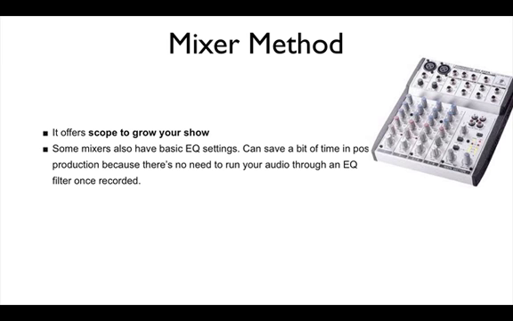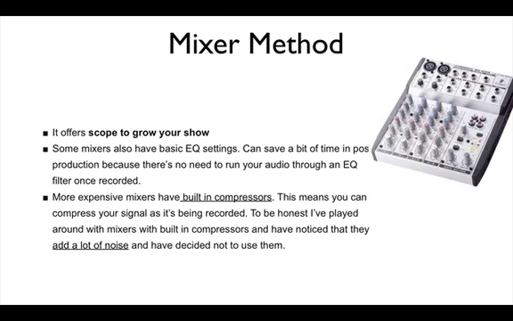And what a lot of podcasters like to do after they've finished recording is go and put the equalization over the audio at that point through a bit of software like Audacity. But if you use a mixer method, you don't really need to do that, because your voice is being equalized as you're actually talking and as it's being recorded.